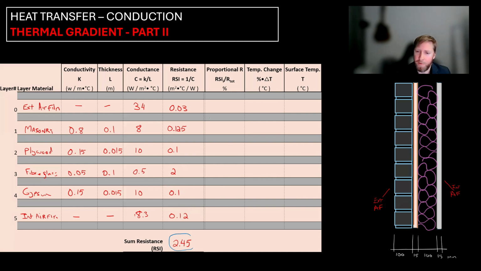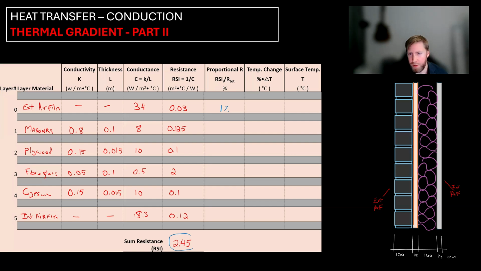Okay, so if I look at each layer and I take the RSI of each layer and I divide it by the thermal resistance of the entire wall system, then I actually end up with the proportions in terms of percent. And we'll get to why that's important. So I'll just put down what this is.